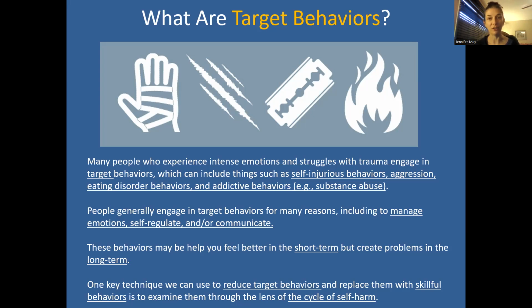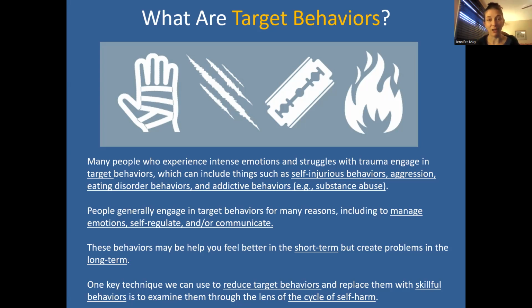It could include aggression, which is more targeted toward other people, but could also be aggression toward yourself. Eating disorder behaviors, even addictive behaviors, and the whole range of addictions, including substance abuse. Those seem harmful on the outside, but the inner intent is to try to help regulate yourself and feel better. But we're trying to help people use safer, healthier methods of doing that.